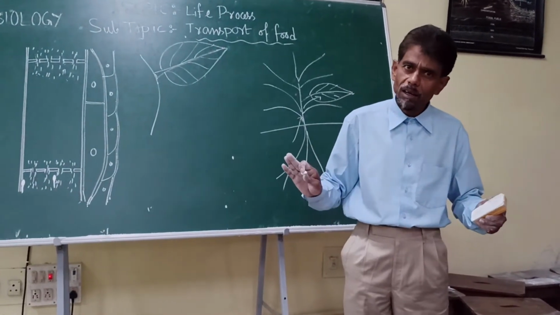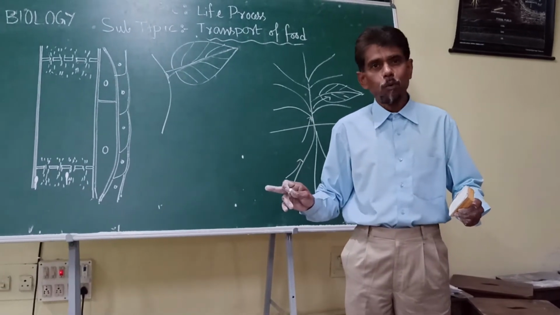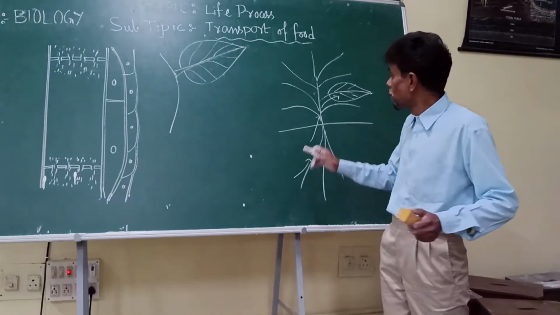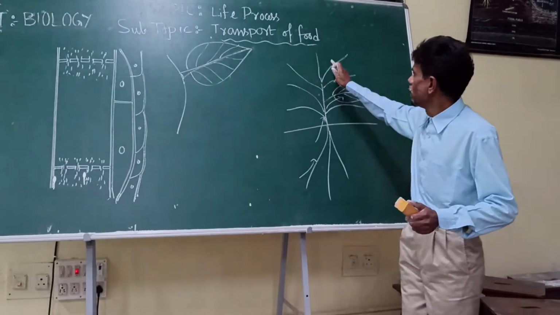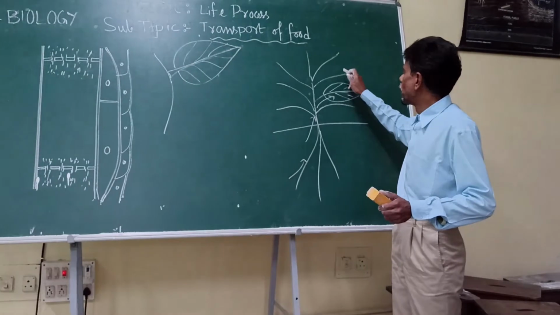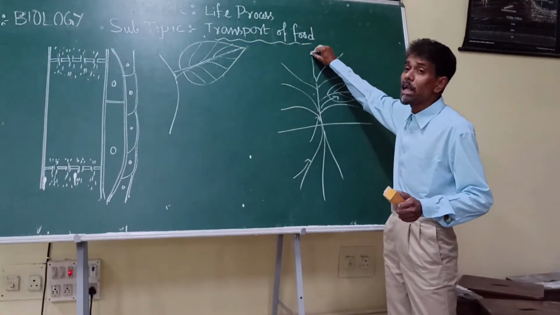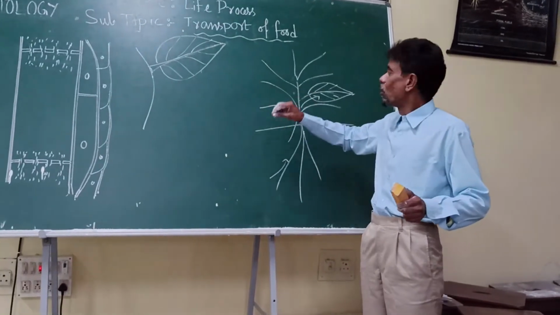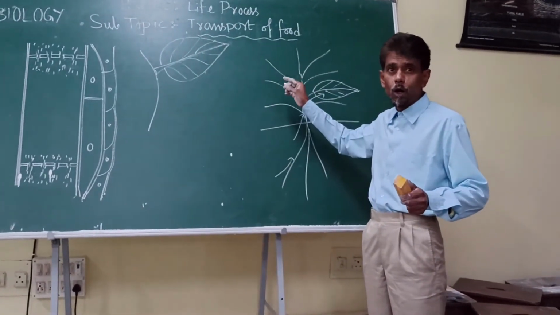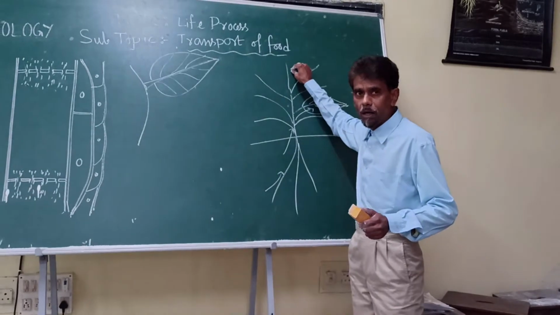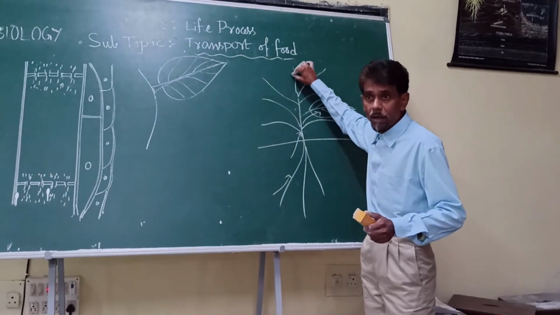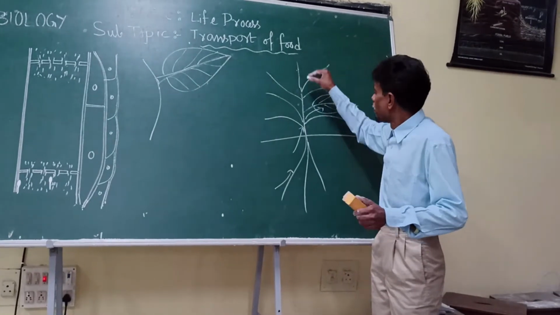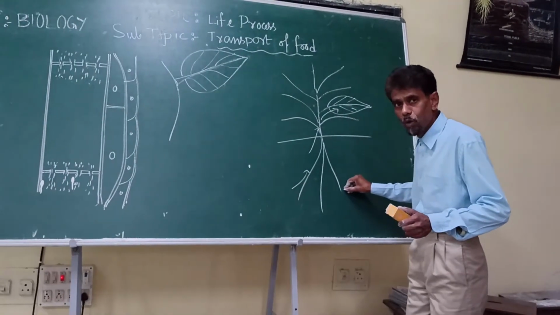Is that very clear? But the food so prepared has to be transported from the leaf to even some part present at the tip of a lower plant, where an axillary bud or the terminal flower bud is to be given a flower, where also the food has to be transported. The food has to be transported to the root also.